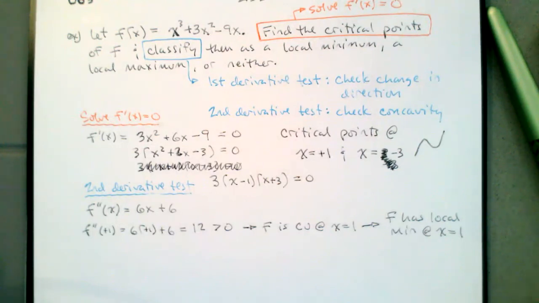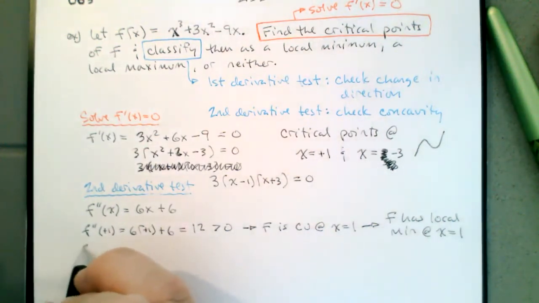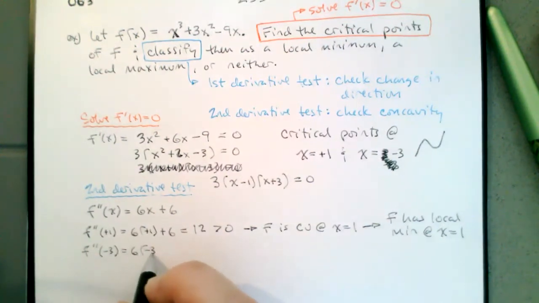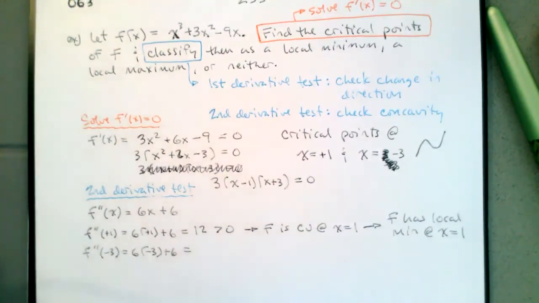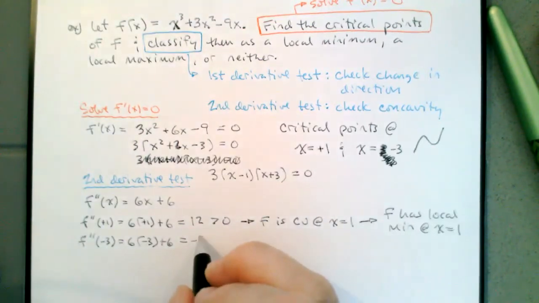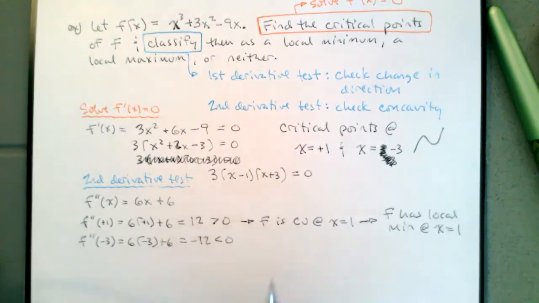Now let's check -3. And we know what the result is going to be. We get -18 plus 6 is -12. So the second derivative is negative at -3.